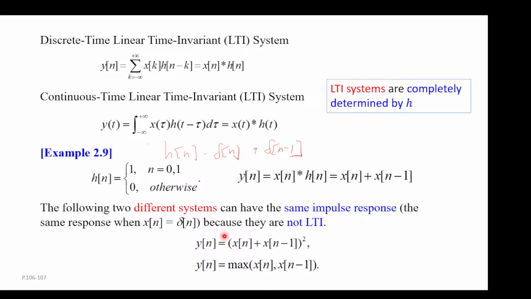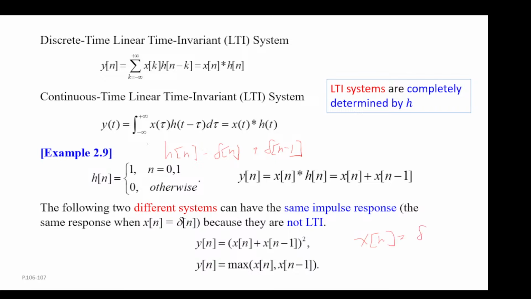h of n. And similarly, you have y of n as max of x of n and x of n minus 1. So here what we want to do is x of n equal to delta of n.